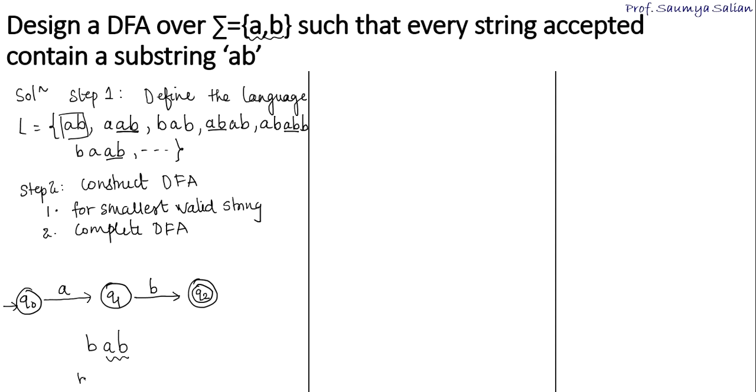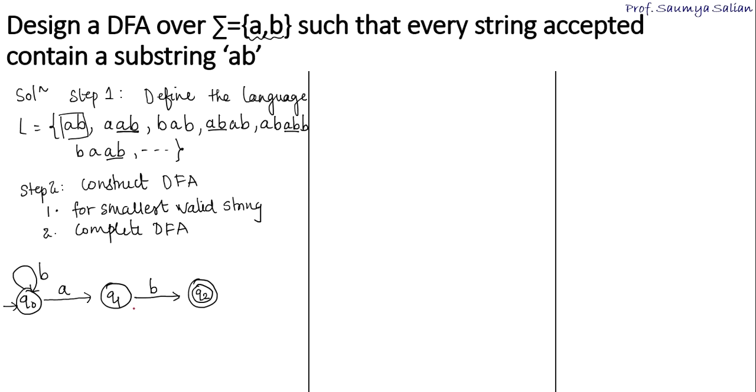So, even if I have multiple B's in the beginning, is it allowed? Yes. Because I know that to reach final state, I am coming across these transitions A and B. Fine. So, I put up a self loop of B over here. Q0 has responded to both input A and input B. Fine.